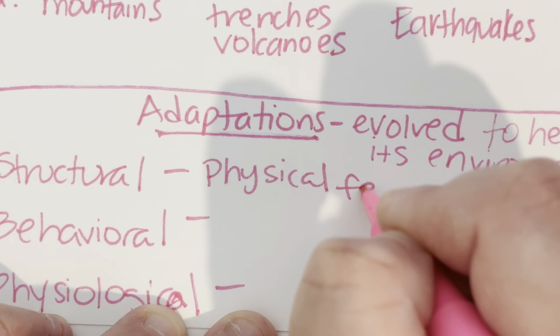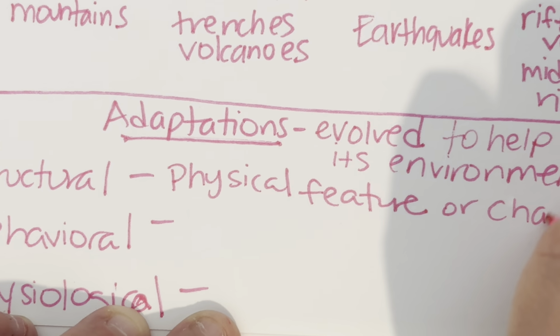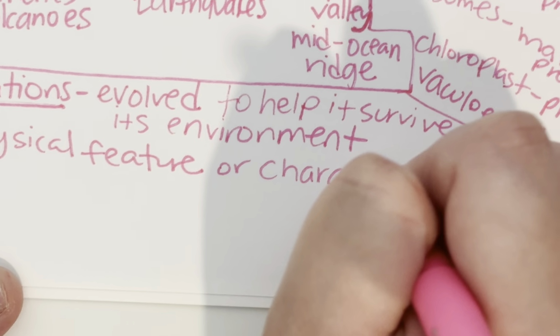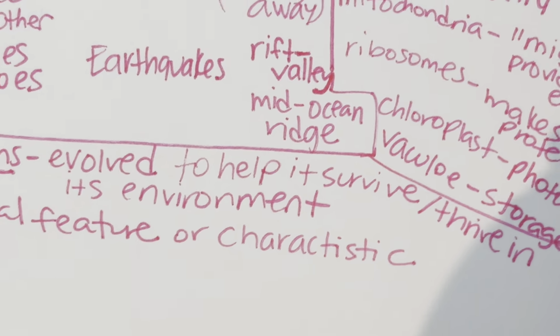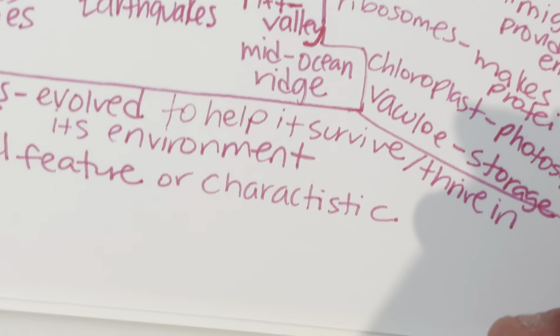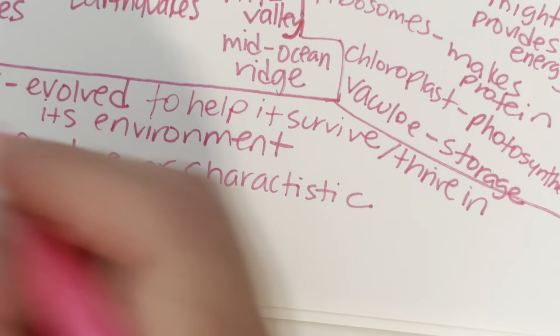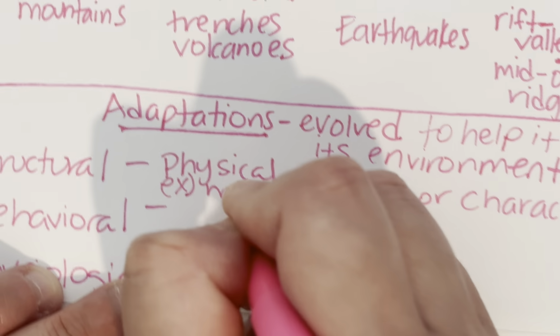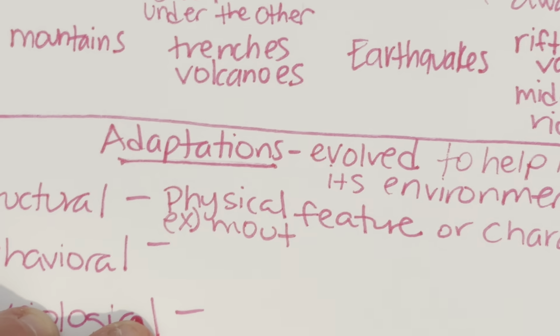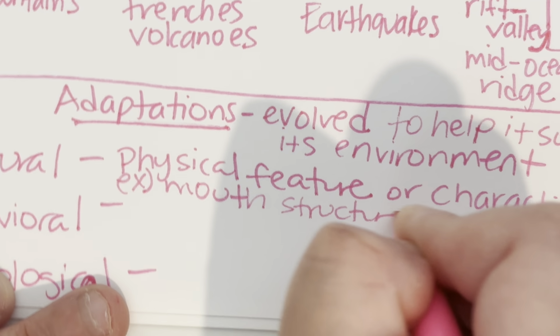or body part or characteristic that an animal developed to help it survive. So it could be a body part, like a giraffe's long neck. An example would be an animal's mouth structure, like a frog has a big wide mouth to help it catch food.